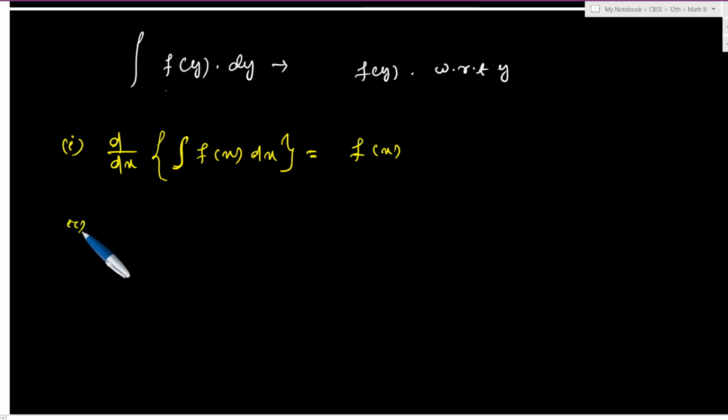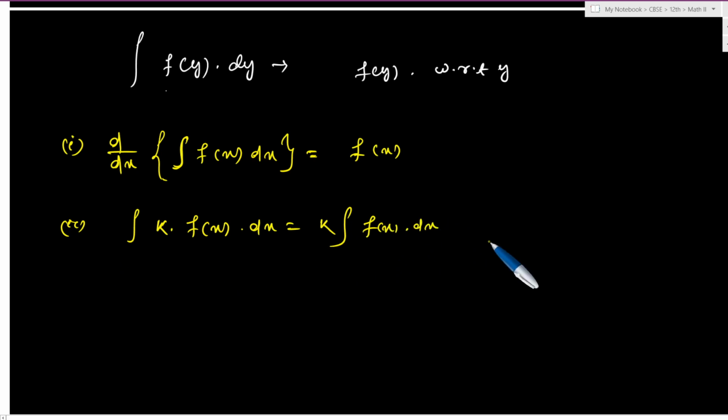Likewise, second, the integration of k times a function f of x dx. This k is a constant here, so k will move out: k times the integral of f of x dx. These are some standard results. If any constant term is multiplied with a function, this constant term moves out, okay.